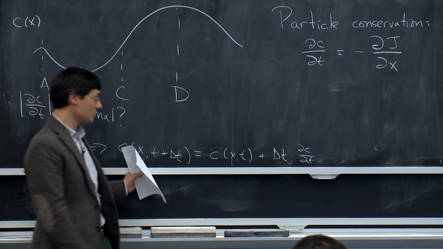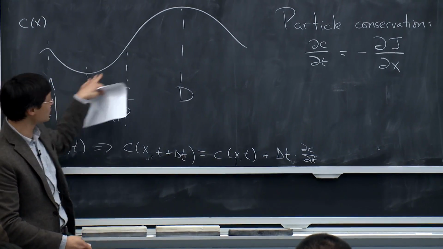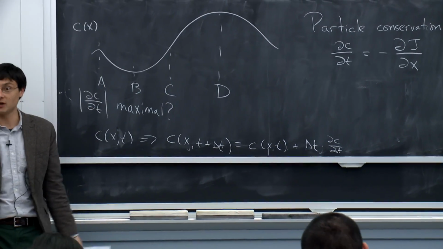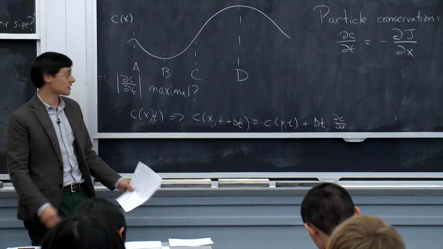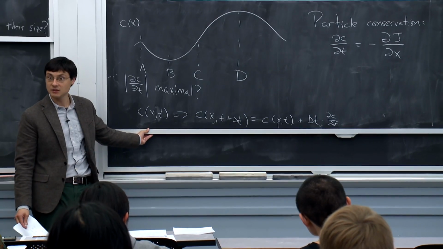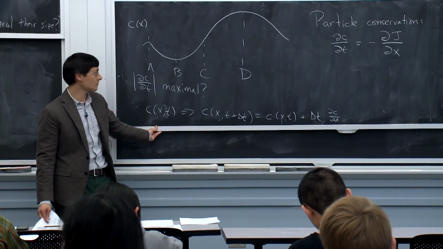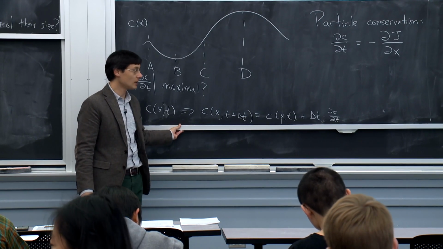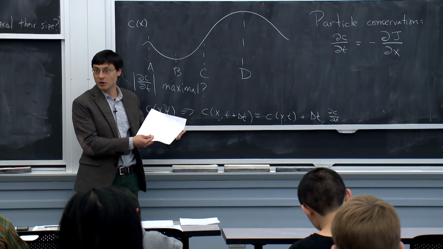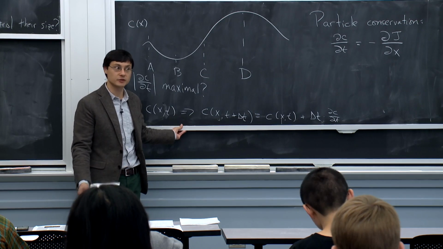So this is the concentration profile at this time, and I want to know how much it is going to change in the next delta t. And I'm assuming, of course, that I'm not adding any particles or taking any particles away, so just due to diffusion.